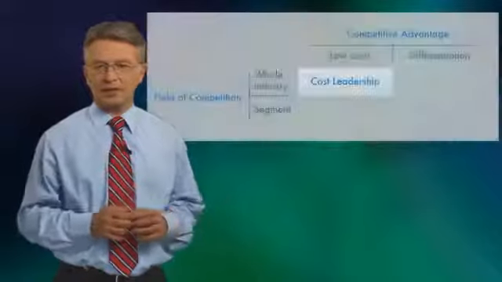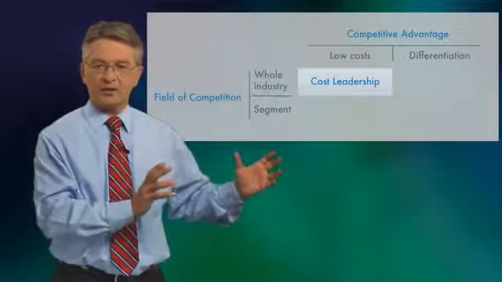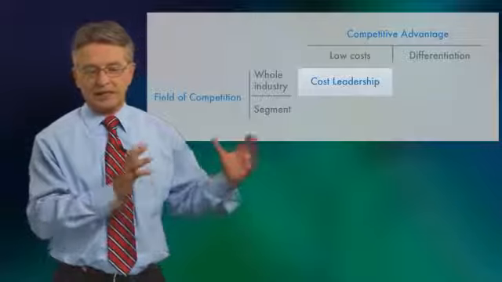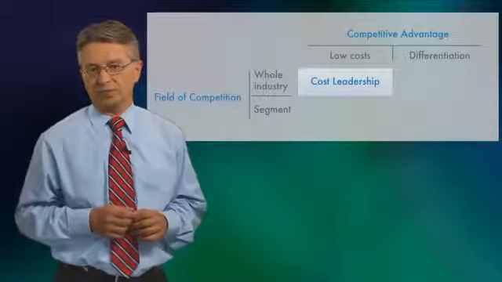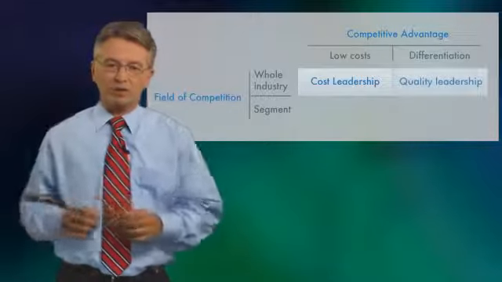The second strategy typology I want to mention here was developed by Michael Porter. His focus was on how to create competitive advantage. And he differentiated between two main types of strategies. First is to create a competitive advantage by being the cost leader in the market. That means that the company has the lowest price for a reasonable quality of a product. And then the opposite is the quality leadership.